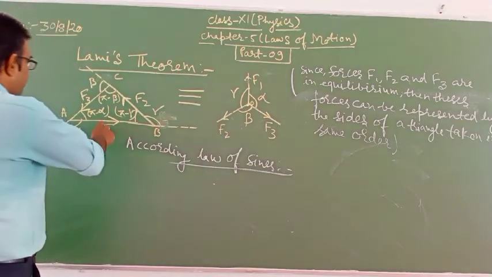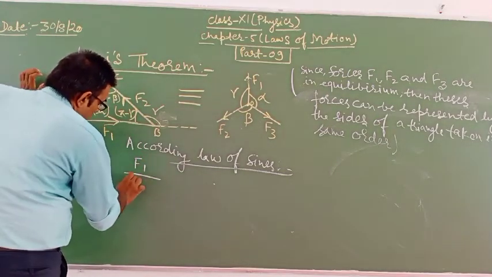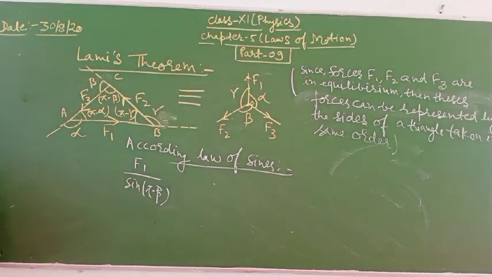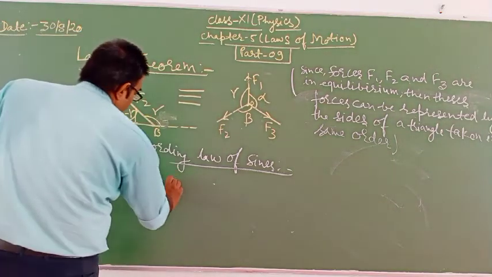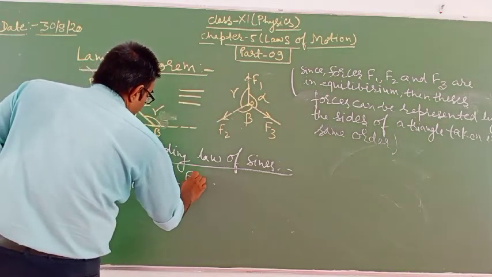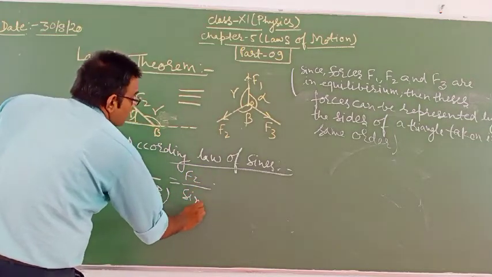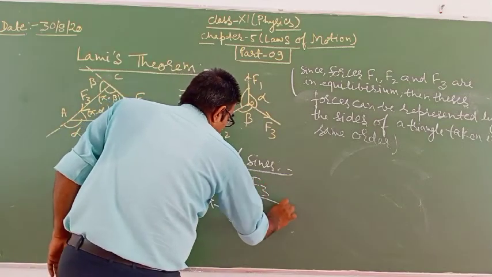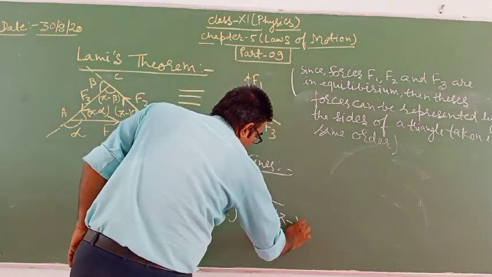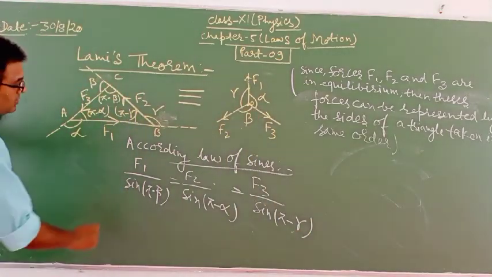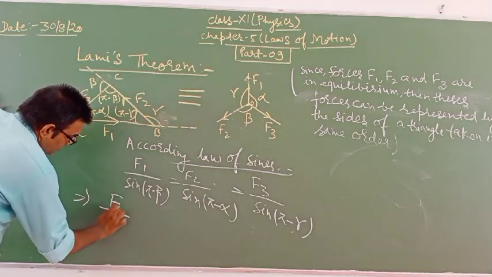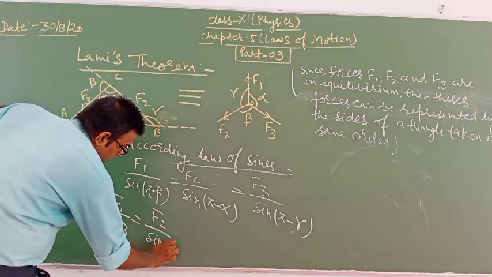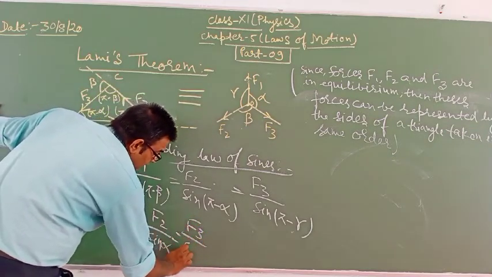F1 over sine of pi minus beta is equal to F2 over sine of pi minus alpha is equal to F3 over sine of pi minus gamma, and you can write it as F1 over sine beta is equal to F2 over sine alpha equal to F3 over sine gamma.